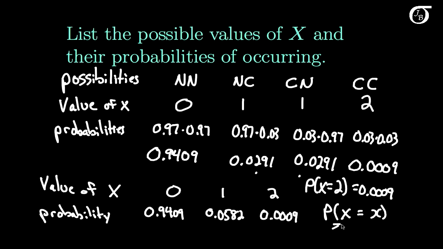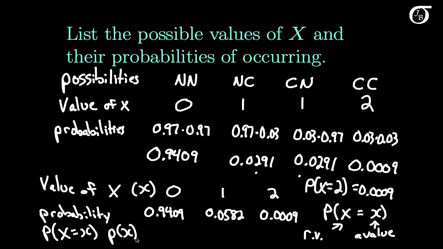And the capital X represents the random variable X, whereas little x represents some value of the random variable X. So we could call this value of X. We could sometimes write that as, I'm going to put it in brackets here, little x. And this probability we represent as the probability that your random variable X takes on the value little x. And we sometimes write that as P of little x.